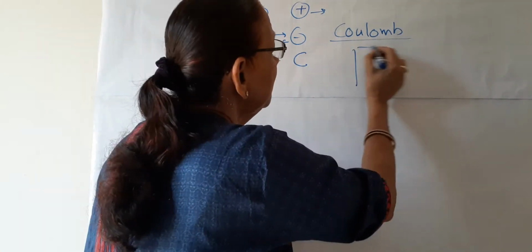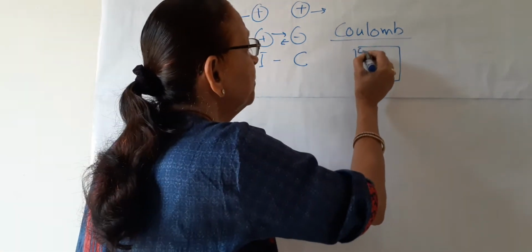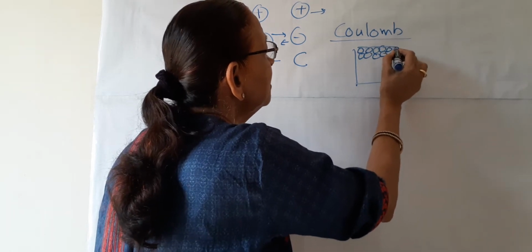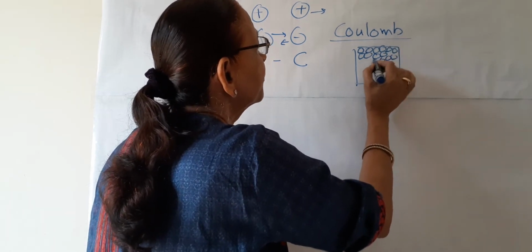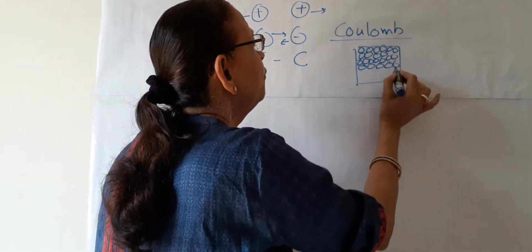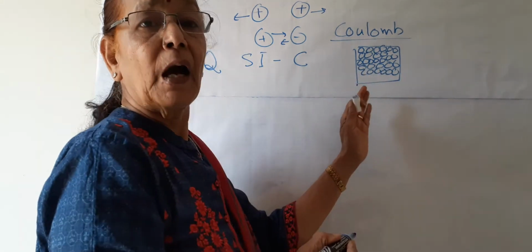Now this C or coulomb is a very big unit. Suppose this is a box, then millions and millions of electrons or protons are present to form a 1 coulomb charge. How many?